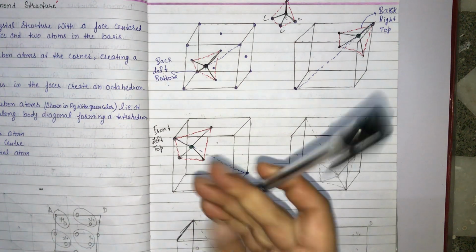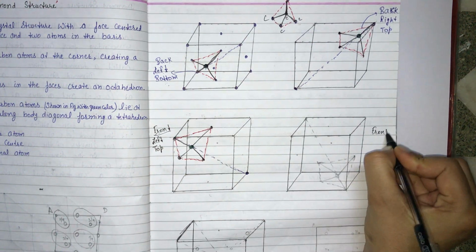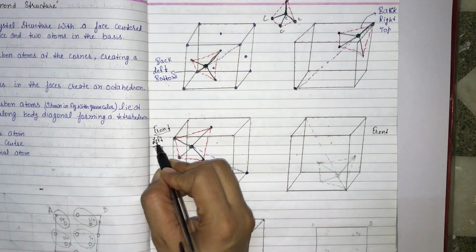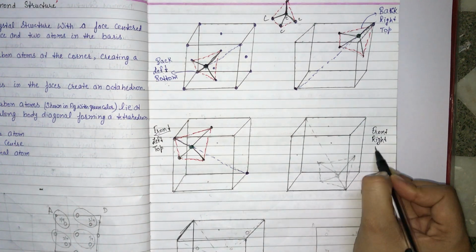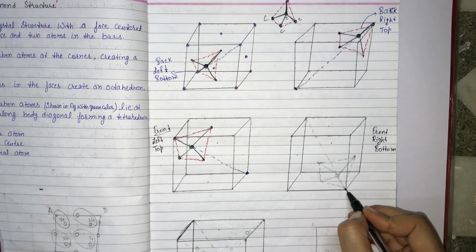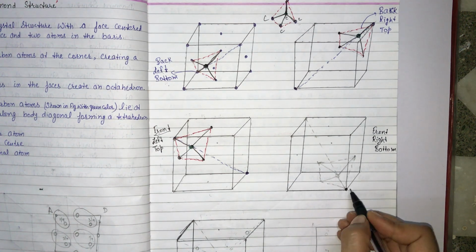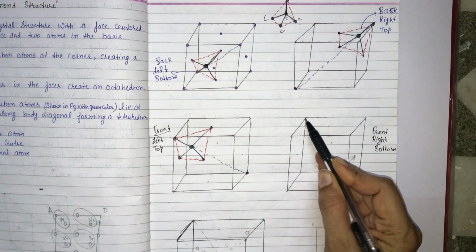If I have chosen the front face, this is front, so another carbon atom will be left, then this will be the right. If this is top, then this will be at the bottom. Clear? Means this point. So from this point body diagonal will be to the back, left and top point.